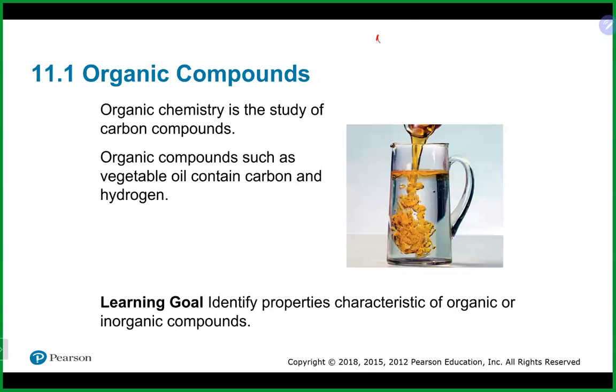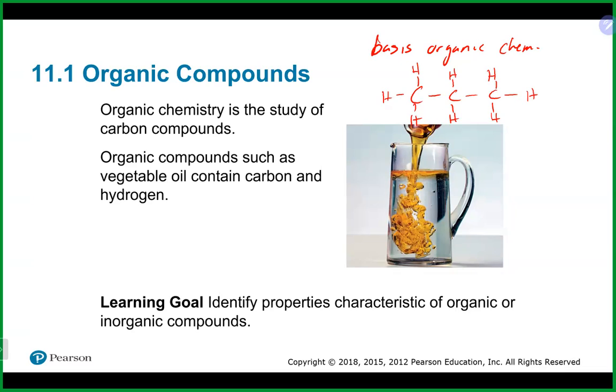So the basis of all organic chemistry is carbons attached to carbons, and attached to those carbons are hydrogens. That is the basic setup of most organic compounds: carbons to carbons, carbons to hydrogens.